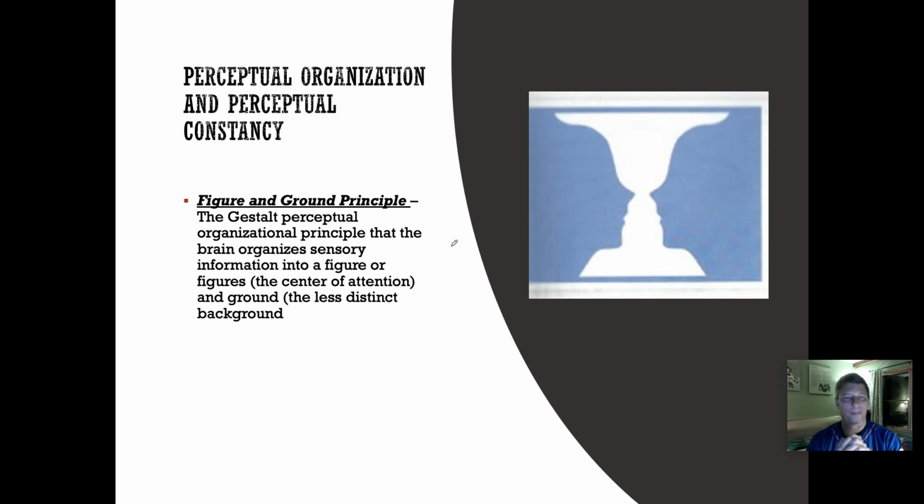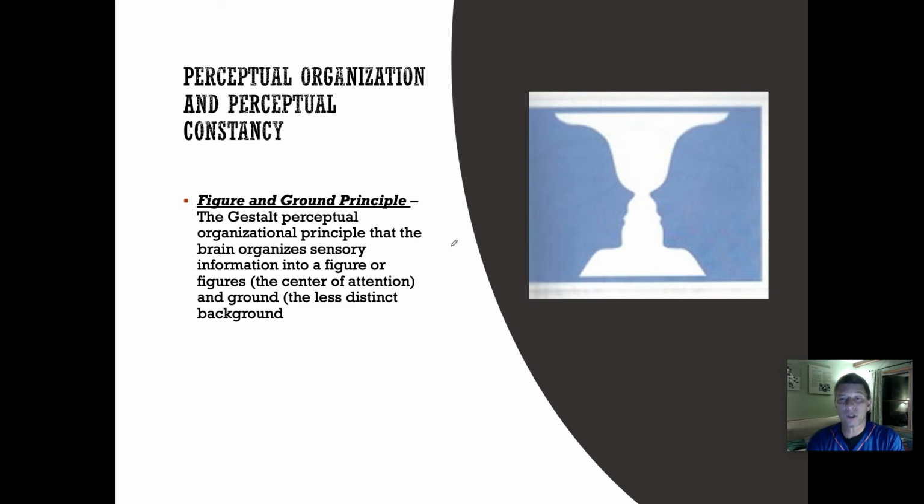What they said, for this figure and ground principle anyway, was that it is an organizational principle where the brain organizes sensory information into a figure or figures, whatever's at the center of attention, and the ground, which is the less distinct background.